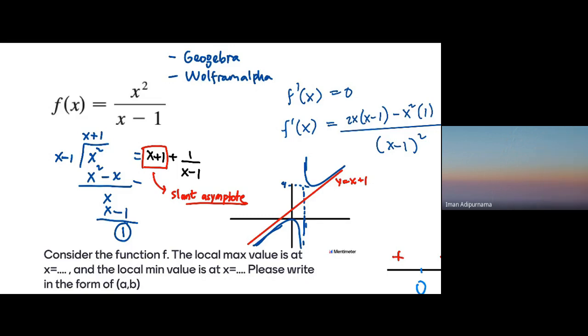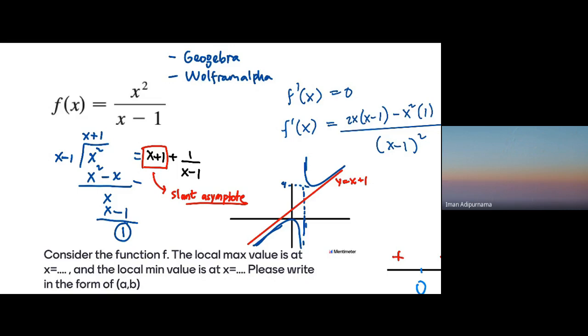Wolfram Alpha is basically a robot. We are asking questions of Wolfram Alpha. The topics can be anything: science, technology, social, culture, also mathematics.